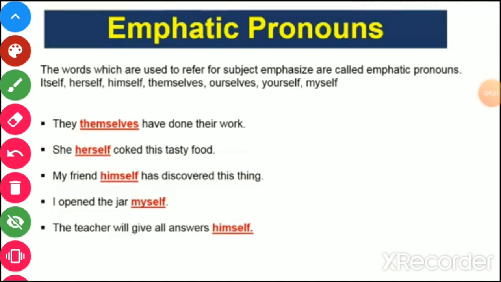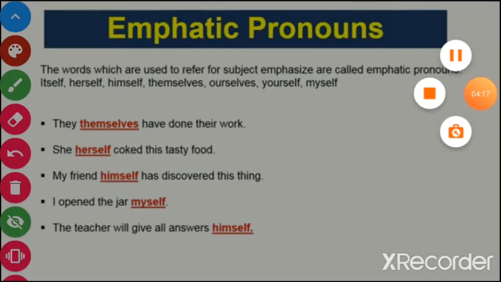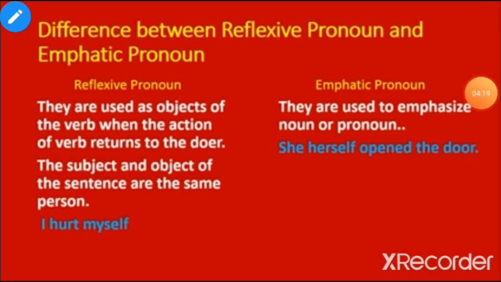They are used for emphasizing the nouns. This means that even if they are left out, the sentence will still make sense. The forms of emphatic pronouns are the same as those of reflexive pronouns. Now, what is the difference between reflexive pronoun and emphatic pronoun?